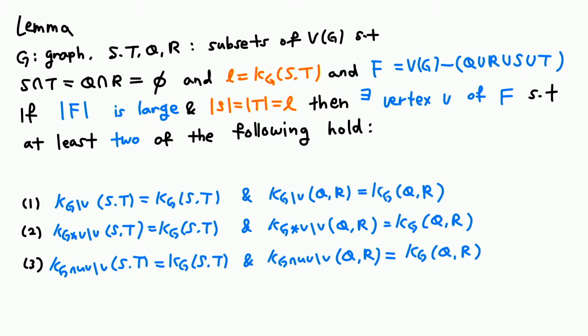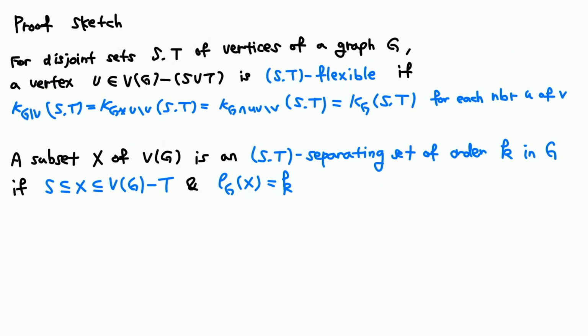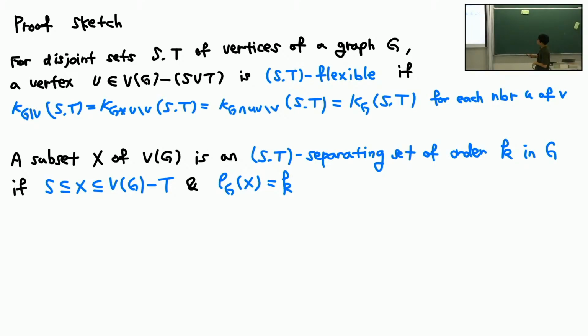That is the case when the size of S and the size of T are the same as the connectivity between S and T. I'll skip the details of how we can reduce to this case, and I will prove this lemma.